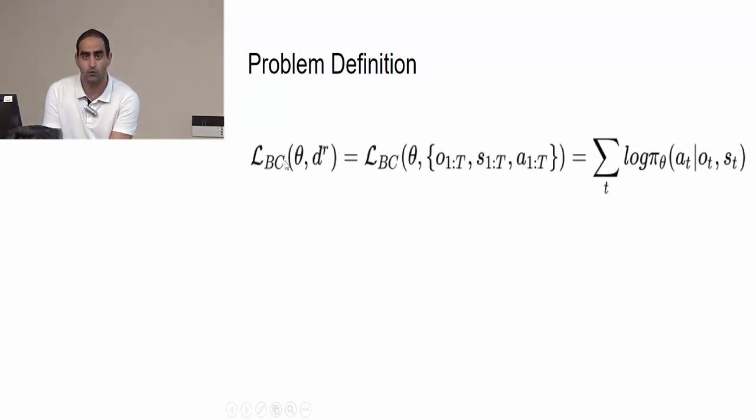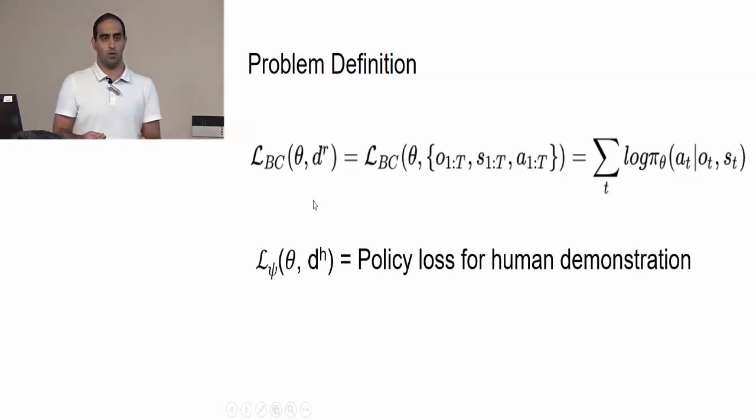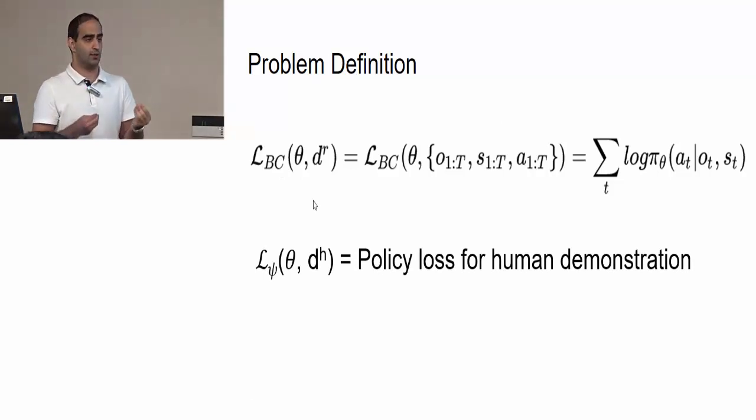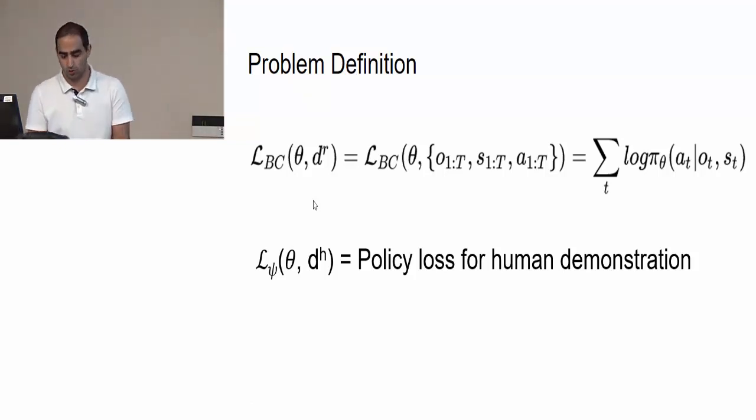Now we have this formula for the behavioral cloning loss. But we also need to know how our policy matches a human demonstration. We want to know if our policy is good for a human demonstration or not. We do not have the actions and states of the human body, so we cannot use a mathematical formula for that.